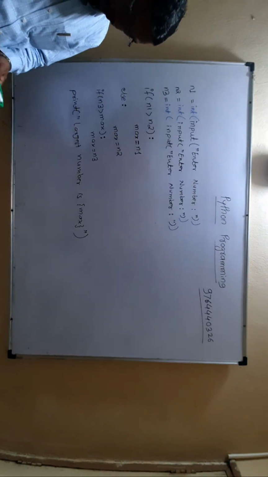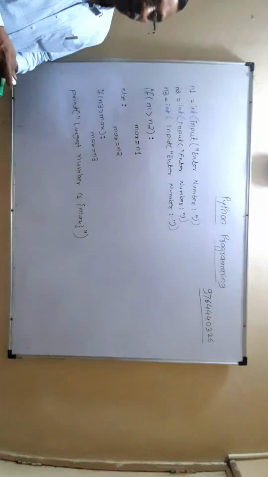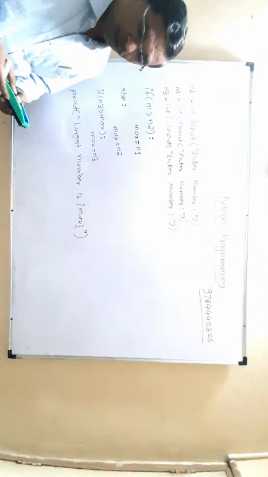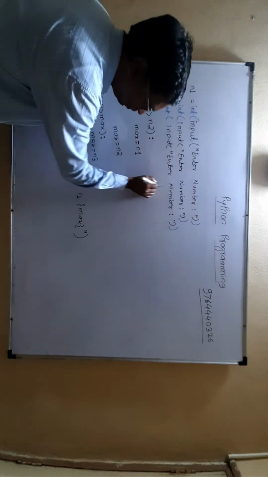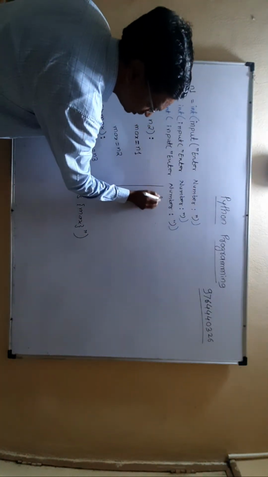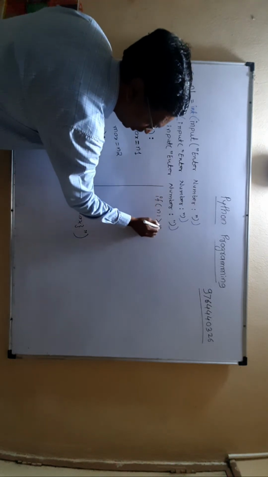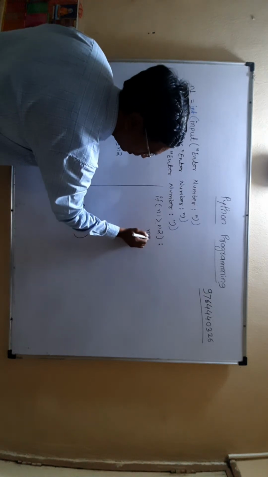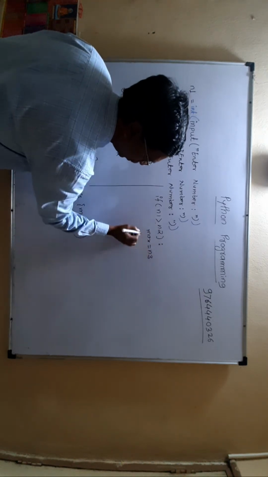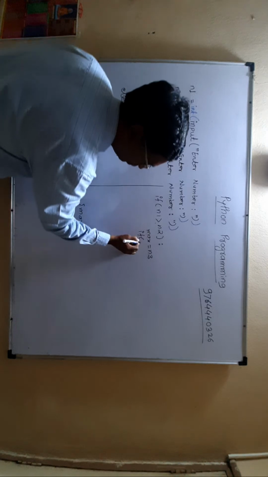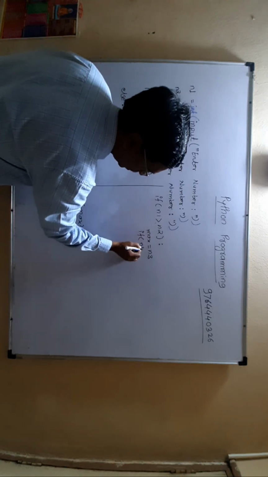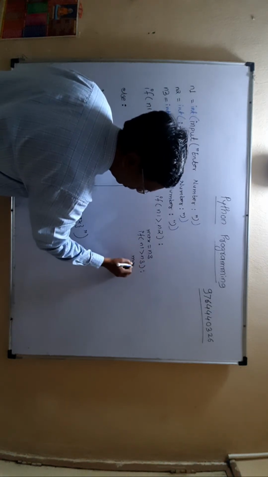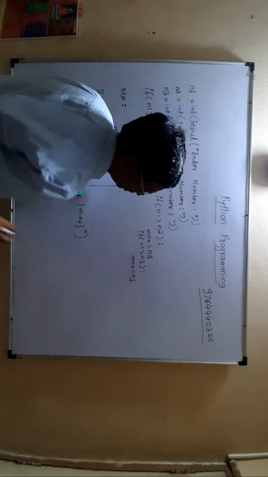Now, if you want to solve the same program using nested if, we can solve this using nested if as: if n1 is greater than n2, then max equal to n3. If n1 is greater than n3, max equal to n1.